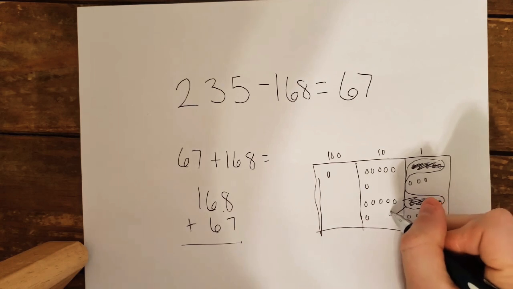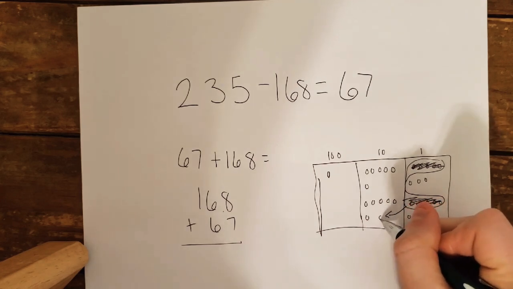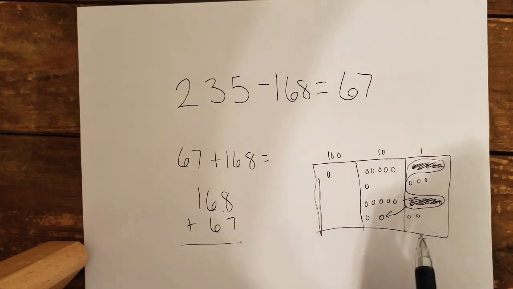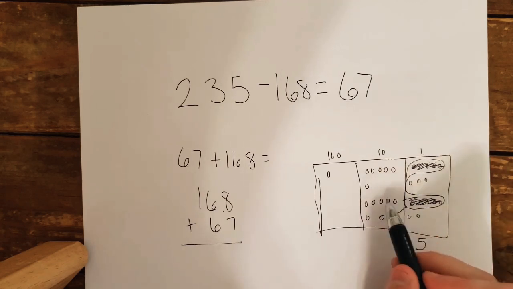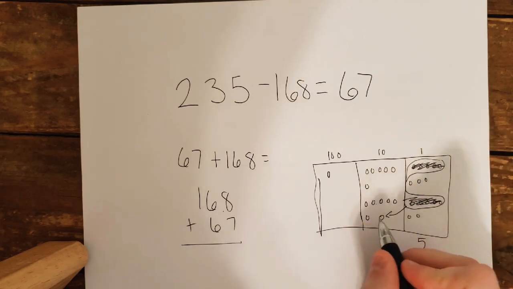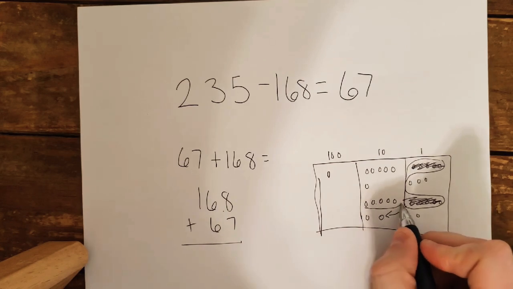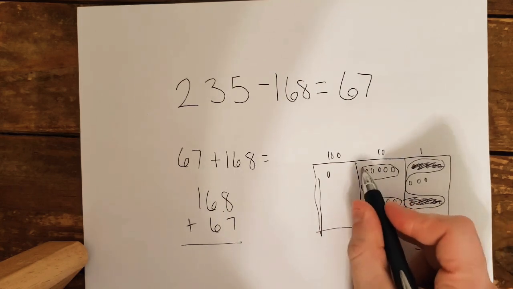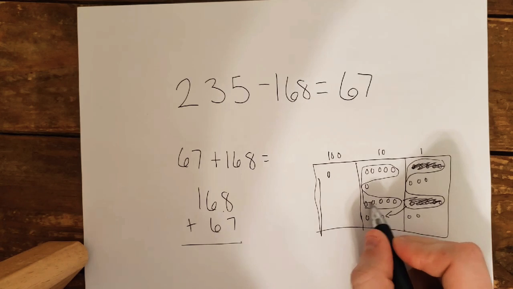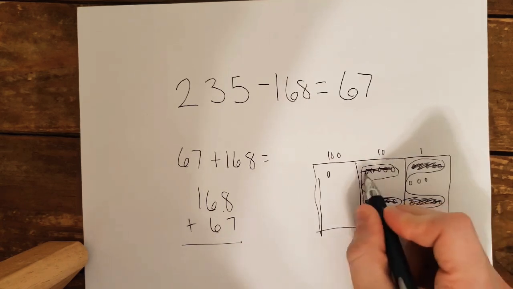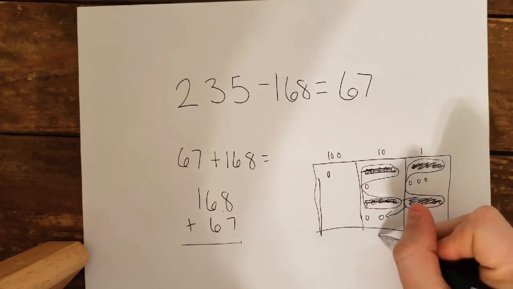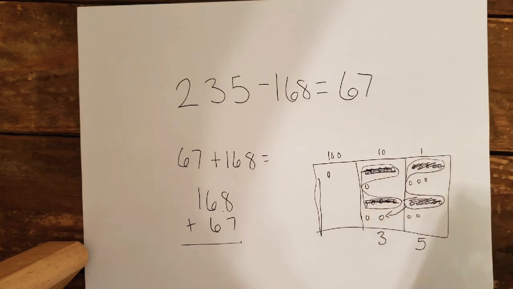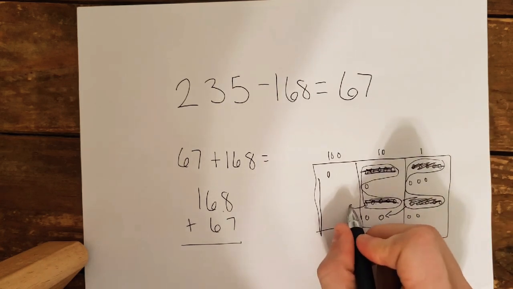And because these make a 10, I can shoot that right over here. And then I can count 5, 10, 11, 12, 13. I'm going to group these 10 together, and that's going to leave us with 3. And these turn into 1 hundred.